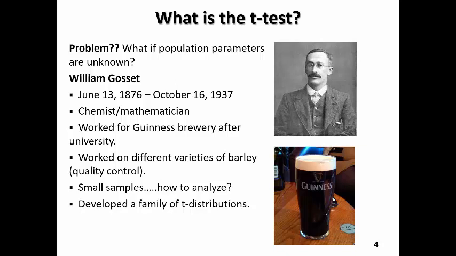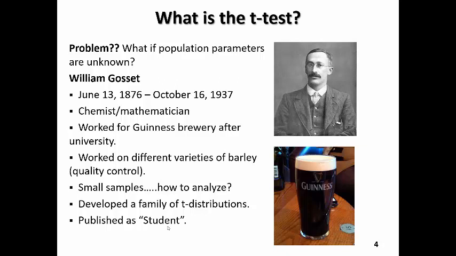Now, company policy at the time precluded employees from publishing any work-related information using their name. And so in order to provide the mathematics to the scientific community, William Gossett published his equations and published his work on developing the t-test, not under his name, but he used a pseudonym, and the paper was published by Student.